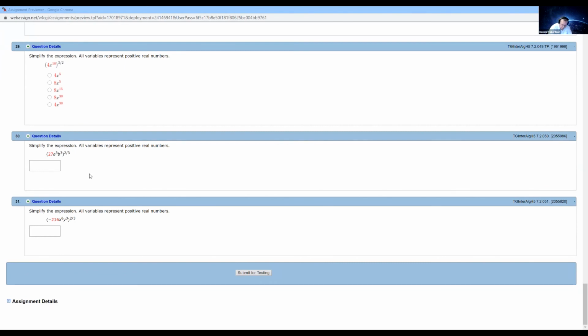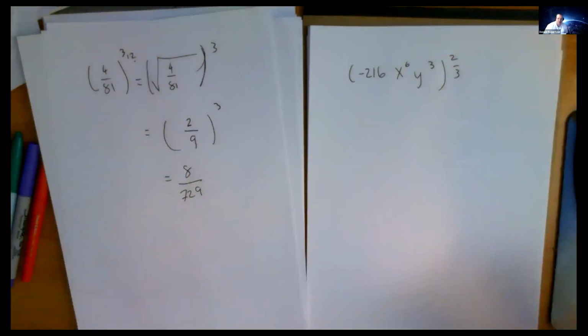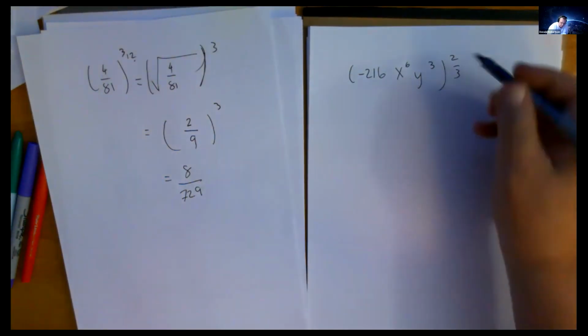So in question 31, it's negative 216, x to the 6, y cubed, all raised to the 2/3. So this is going to be the end of this section, and we'll take another break. Okay. 2/3.